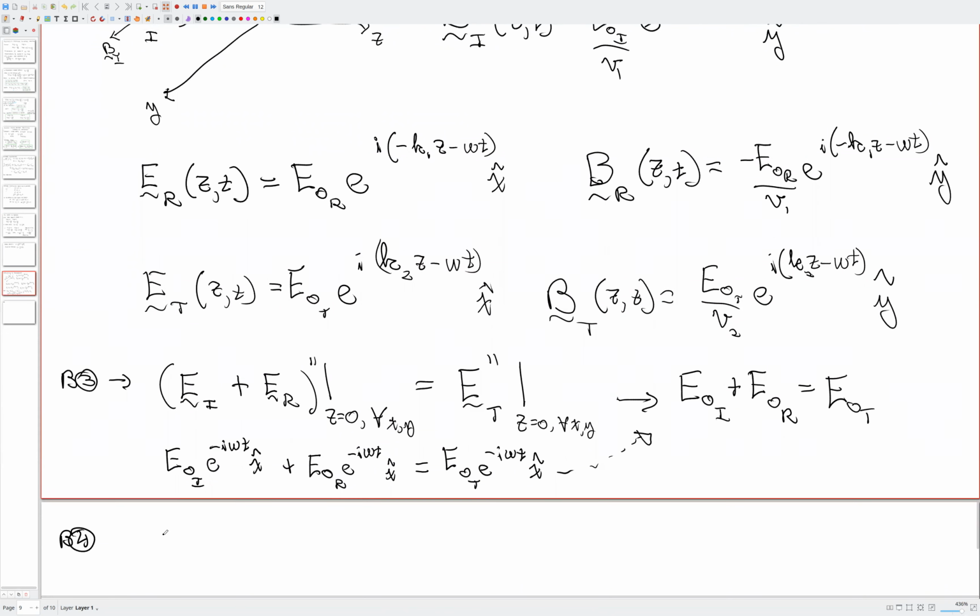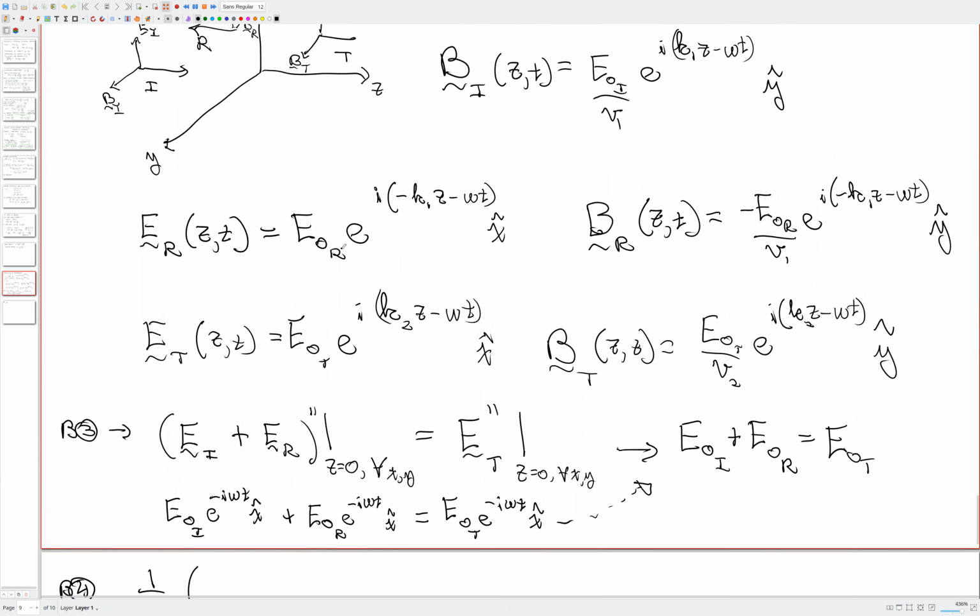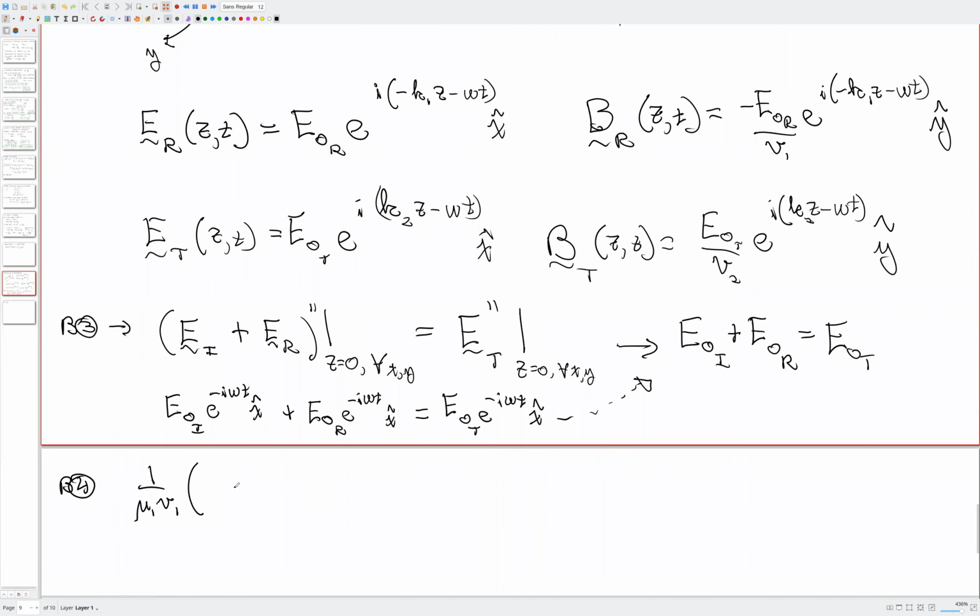So in our notation, this becomes 1 over mu1 V1, and then the incident bit just has this E0I. And now with the reflected, we had put this little minus sign here, just again as a parameterization choice, E0R.